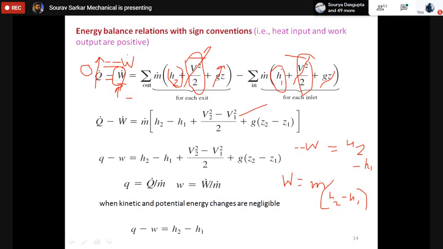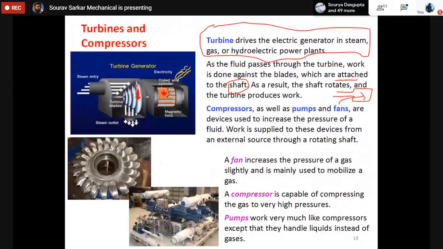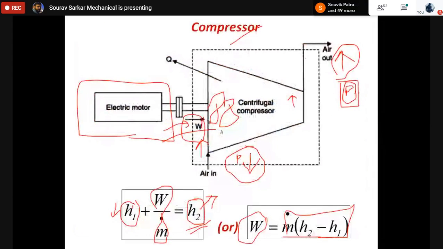That's why I'm neglecting it. But actually what you have said is perfectly correct. There must be some velocity change, but in an actual sense this should be approximately equal. Exactly correct.